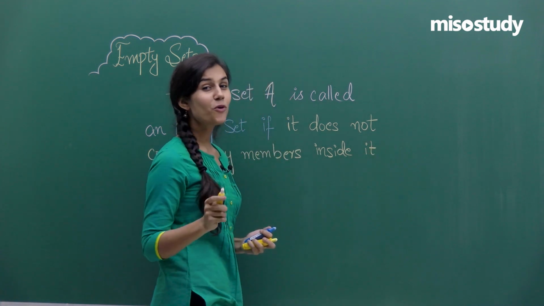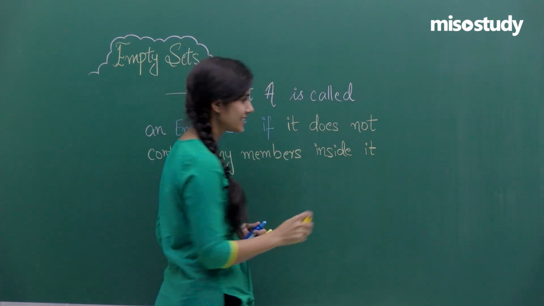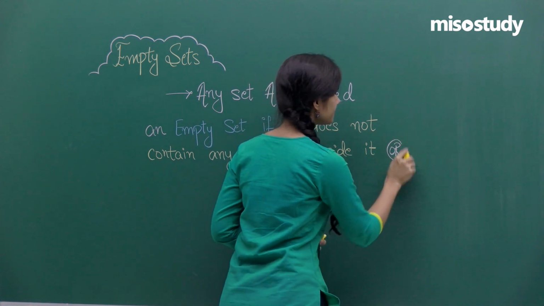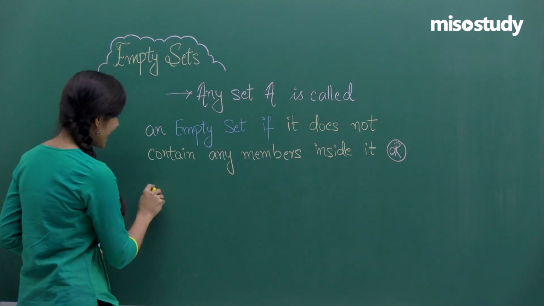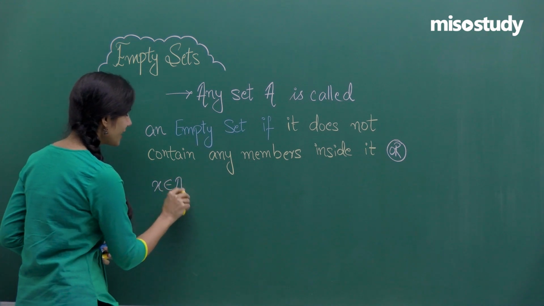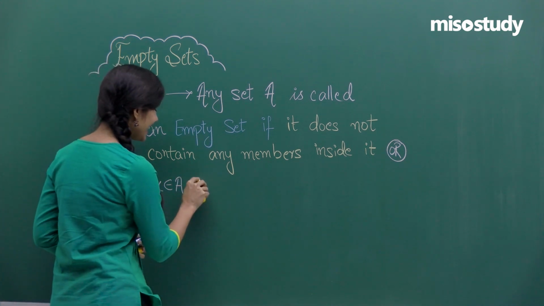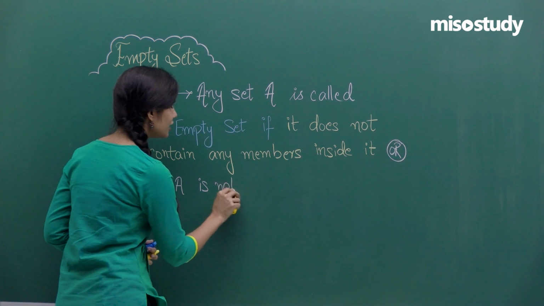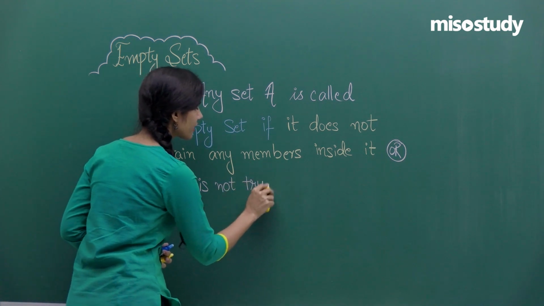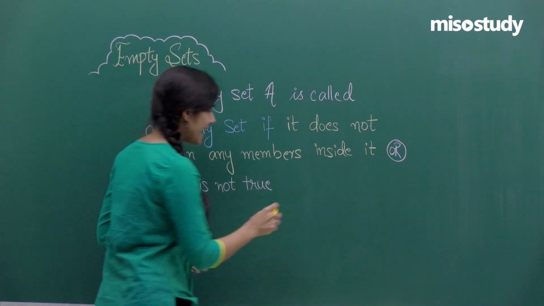Or there is one more mathematical way to write, which is x belonging to A is not true for any x.